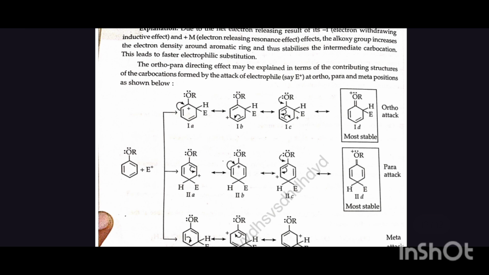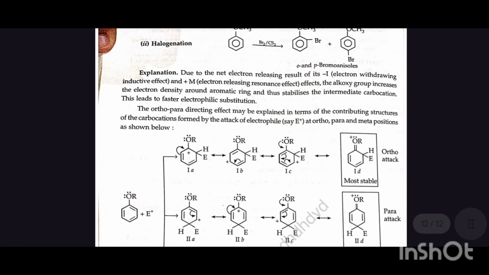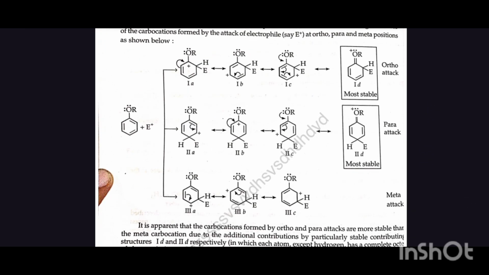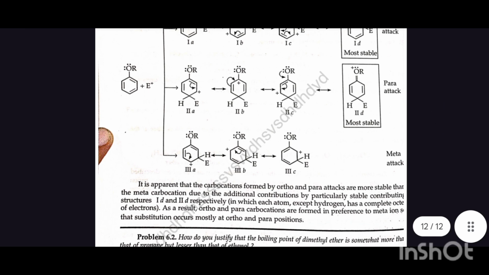The ortho-para directing effect may be explained in terms of the contributing structures of the carbocations formed by attack of the electrophile, say E positive, at the ortho, para or meta positions as shown below. Ortho and para attack are more stable than meta attack.